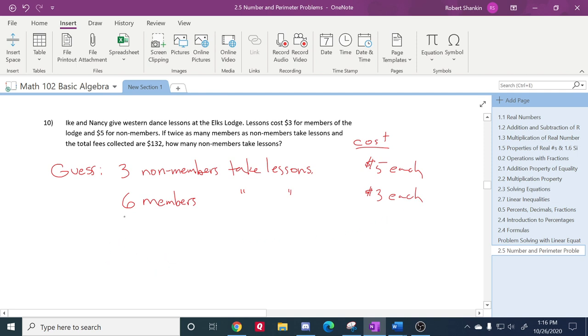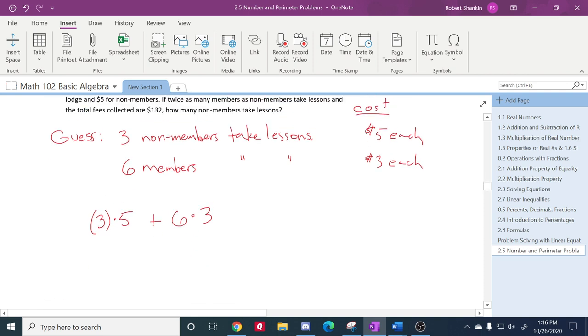Now, 3 non-members, that was my original guess. I always put my original guess in parentheses. That times 5 plus 6 times 3.